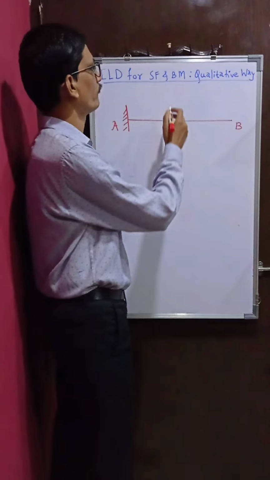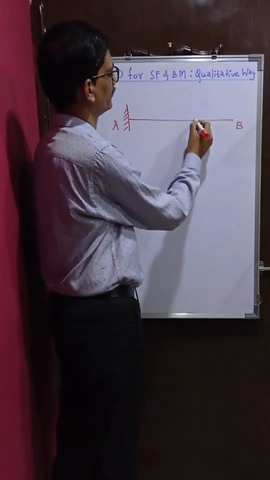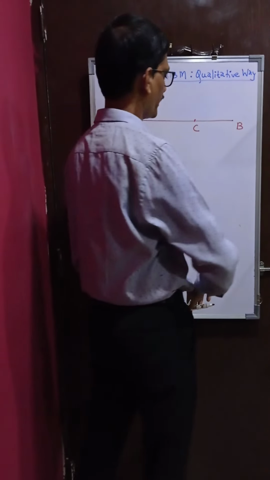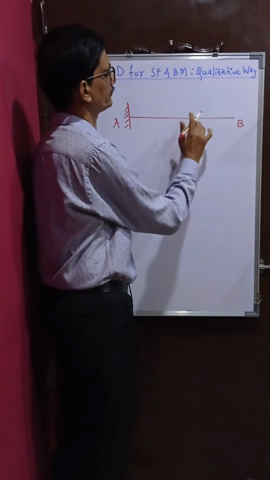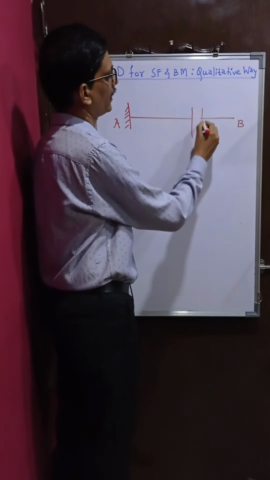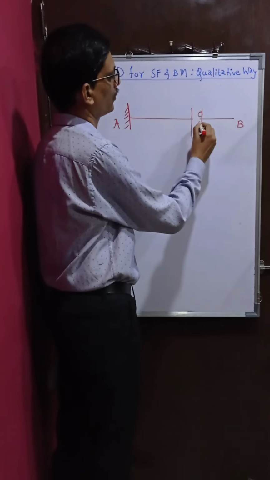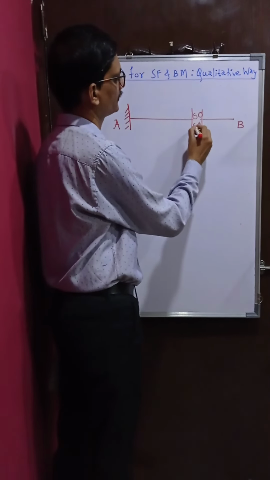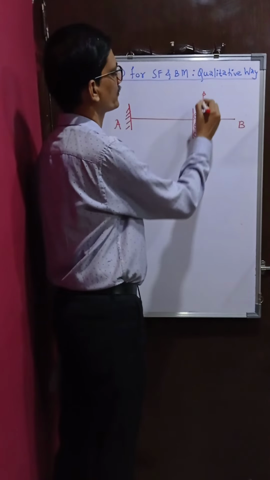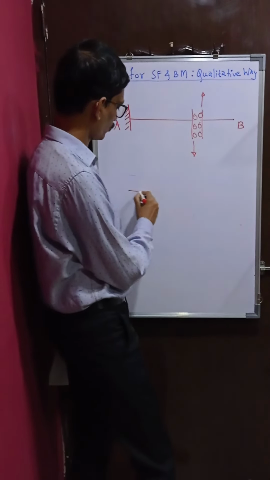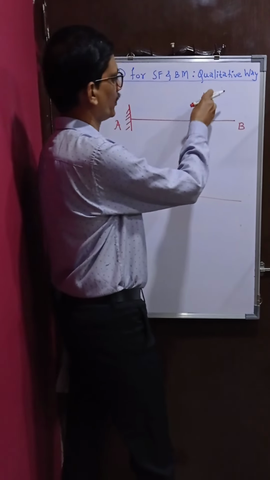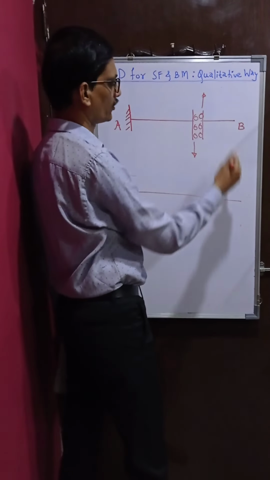Now I want to draw influence line diagram for shear force at C. So again, following the same theory, I will apply a roller like this and give displacement like this. Now again, if I want to draw the influence line diagram, because of this upward arrow, this whole part will go up.